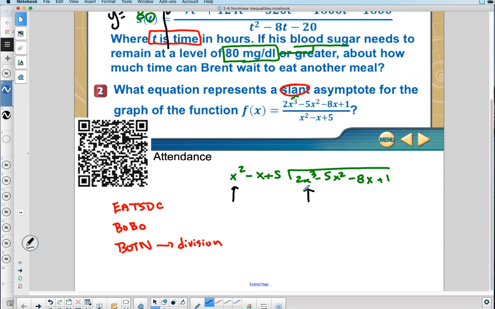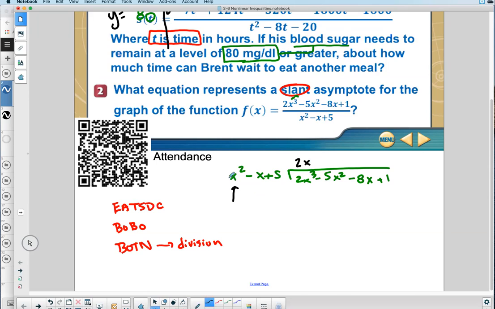X squared times what is 2x cubed? 2x, very good. And so by the way, this top part is what you call the quotient. This is going to be the equation of the asymptote.